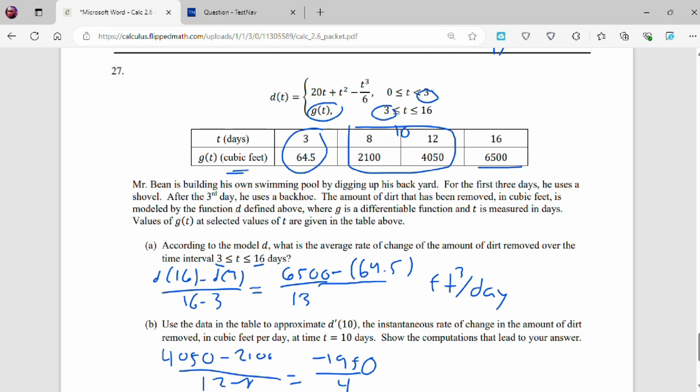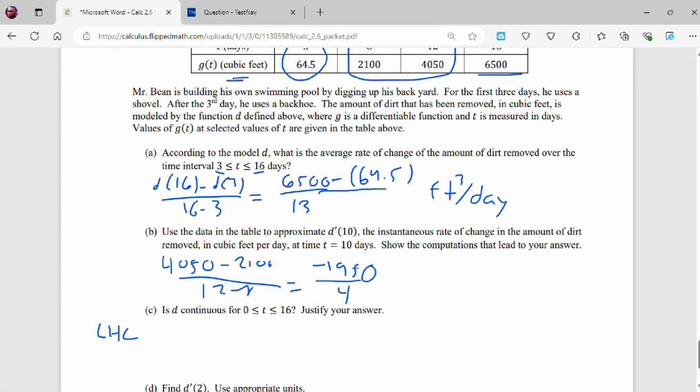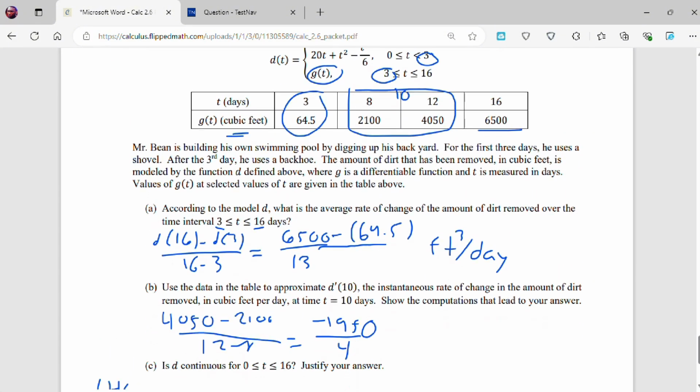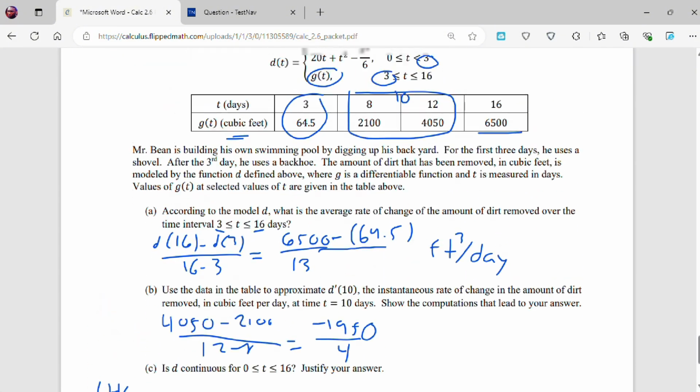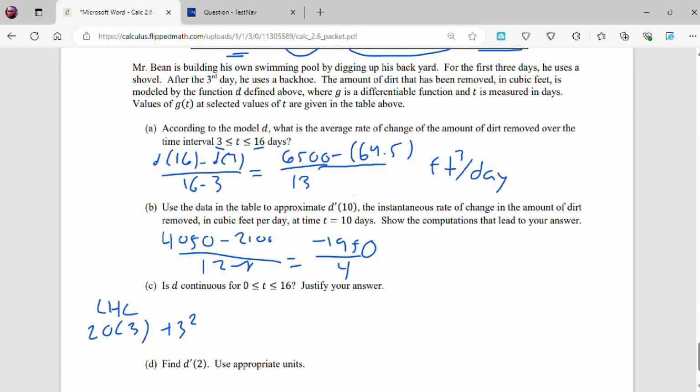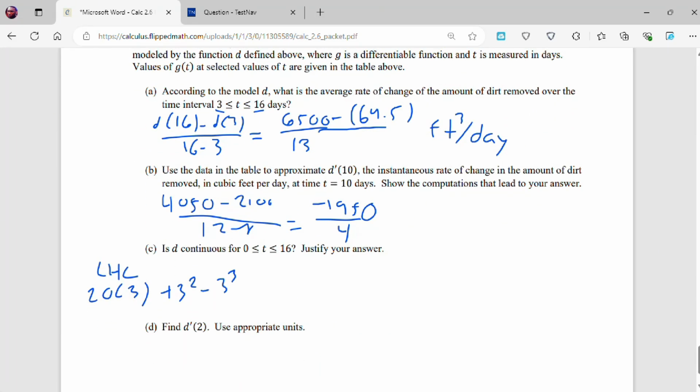So we're going to do 20 times 3 plus 3 squared minus 3 cubed over 6. So that becomes 60 plus 9 minus 27 over 6.